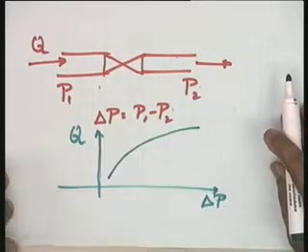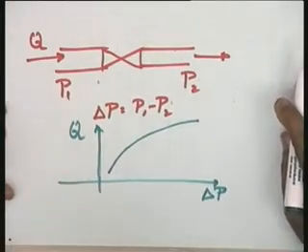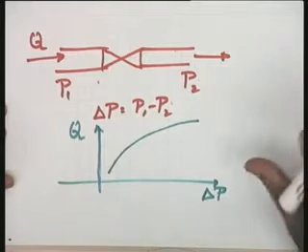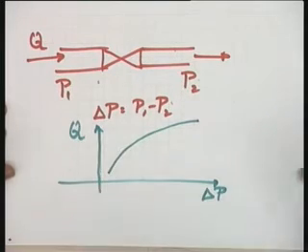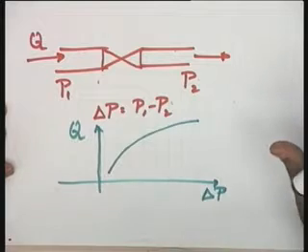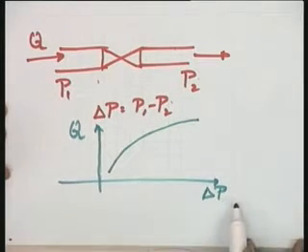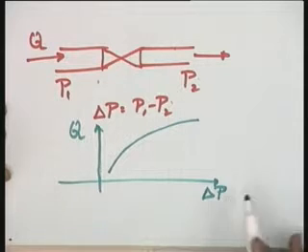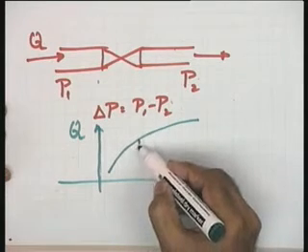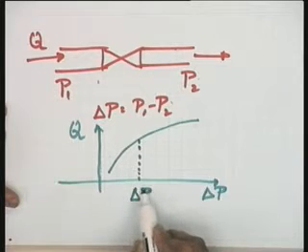So, in any system wherever you come across restriction to flow, which I am naming as an orifice, any type of restriction, the parameter for the restriction can be obtained by conducting this type of experiment, getting a curve between Q and del P. Now, let me say that at steady state the situation is like this, it is del P bar.